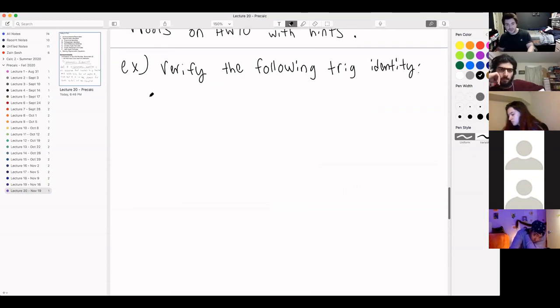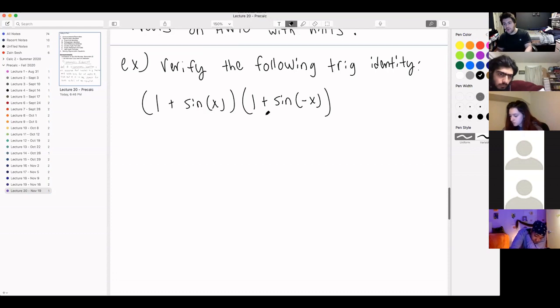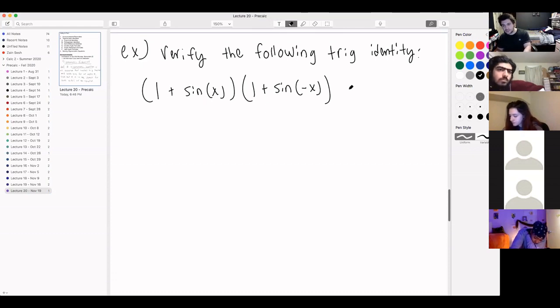Okay, and here it is. 1 plus sine of x multiplied by 1 plus sine of negative x. Okay, I want you guys to prove that this is equal to cosine squared of x.